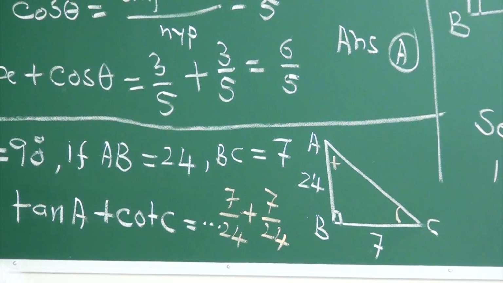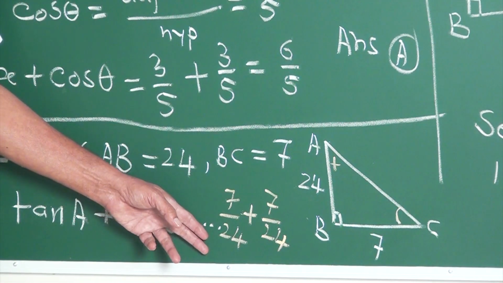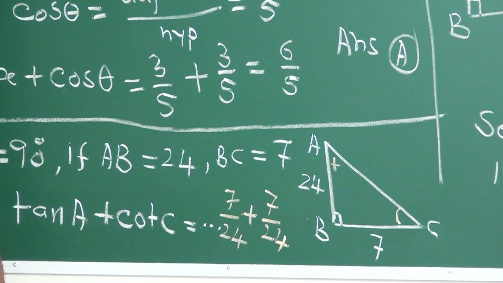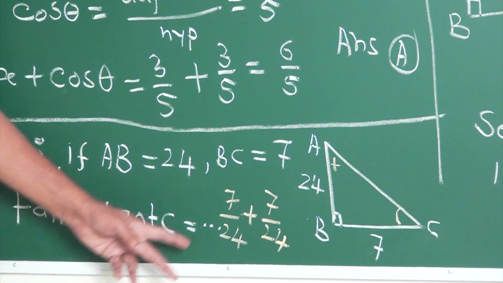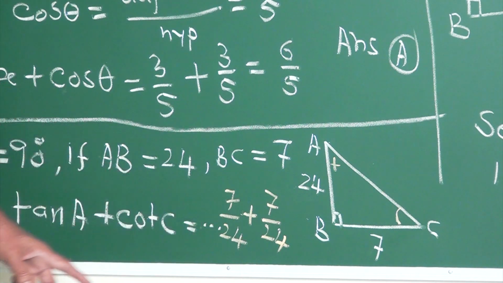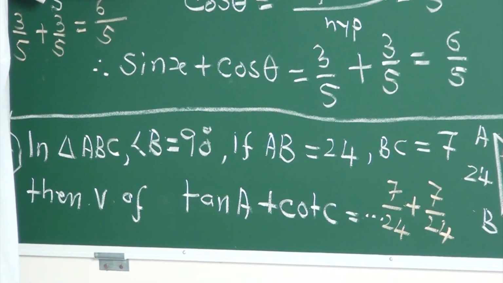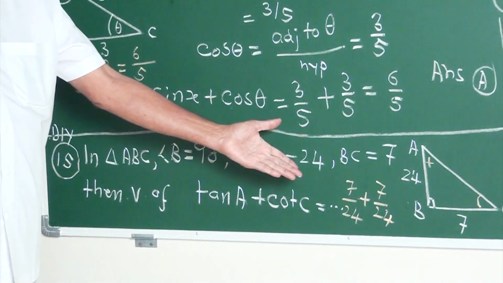Then what is the answer? 14 upon 24. If you simplify 14 upon 24, what is the answer, my friend? 7 upon 12. 7 upon 12 is the answer. Like this, my friends, the examiners help you, especially in case of multiple choice questions. They look big, but they are very simple.